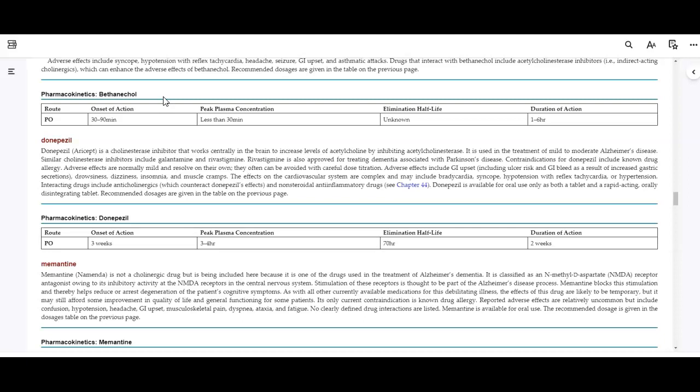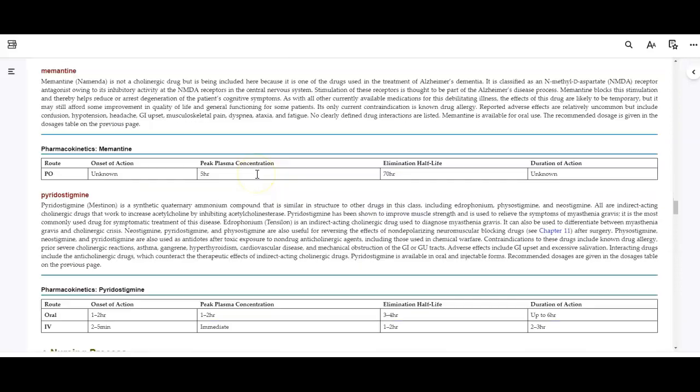So it'll halt that cognitive decline. However, note that on that Namenda, it is only temporary effects, but it can positively impact their quality of life for a period of time. So when we get to Alzheimer's later, it's similar to that Parkinson's. We're not going to cure the disease, but our goal is to halt the progression of that disease.